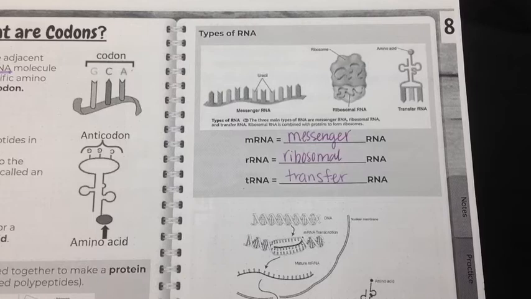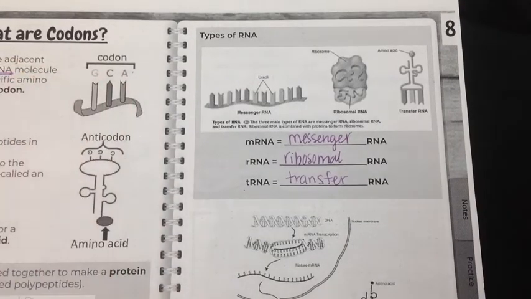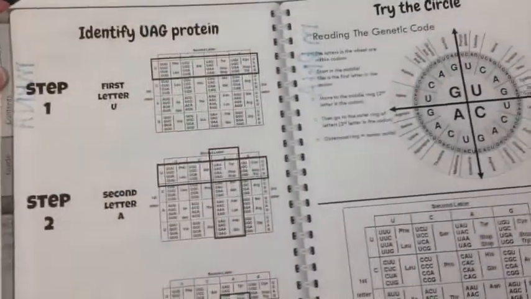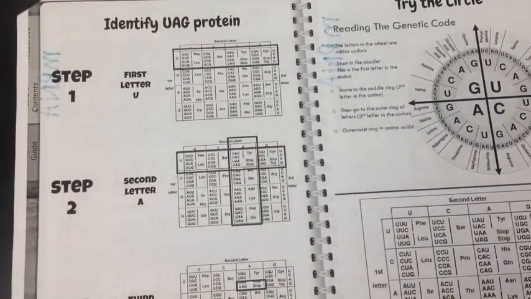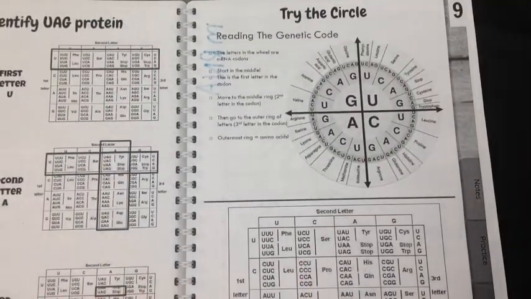Now that we've gone over transcription and translation, I'm going to teach you how to take a codon, use the codon chart, and read what amino acid it's going to be. So flip to page 9. Page 9 is all about codon charts.